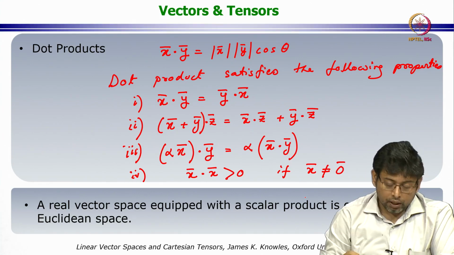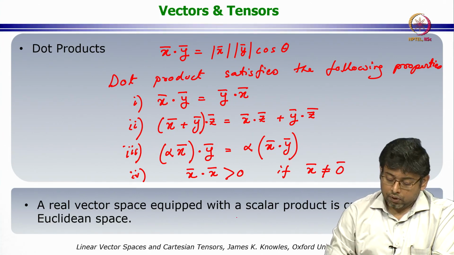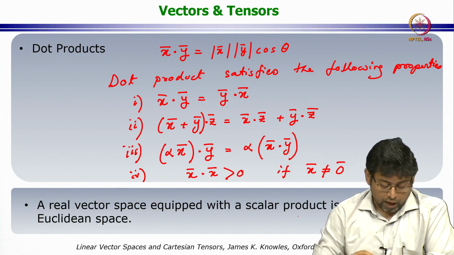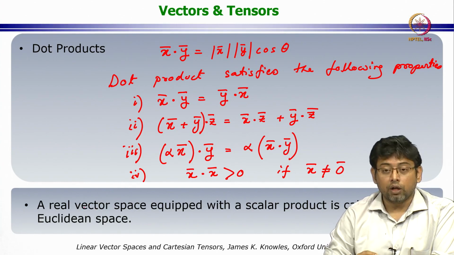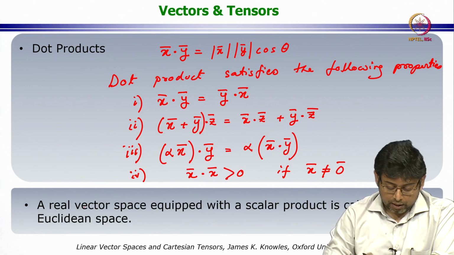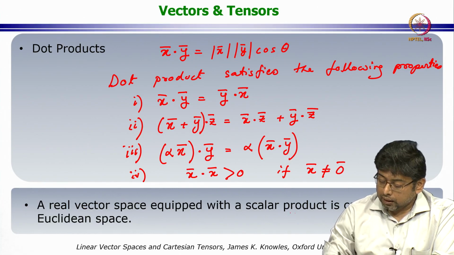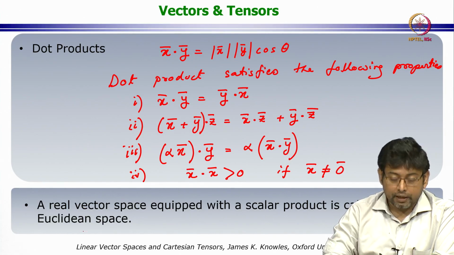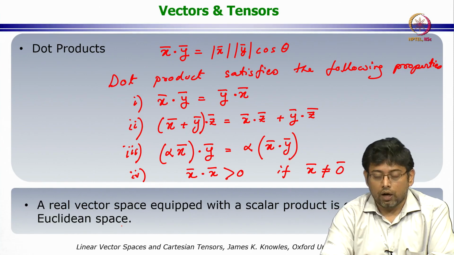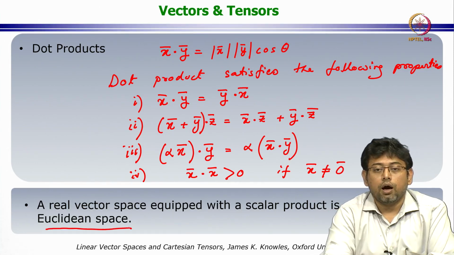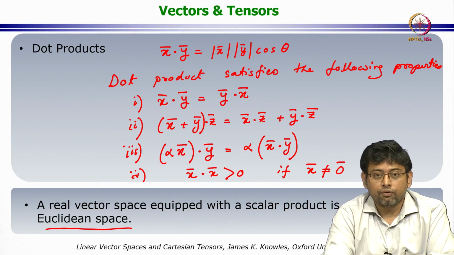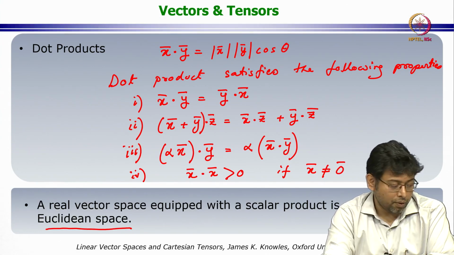A real vector space, where real implies all the scalars are real numbers, equipped with the scalar product is called a real Euclidean space. This is an important type of vector space, and I wanted to clarify that not all vector spaces need to have the sense of metric and a sense of geometry.